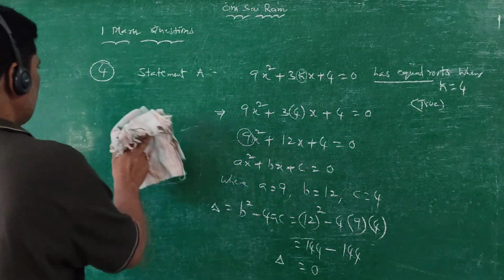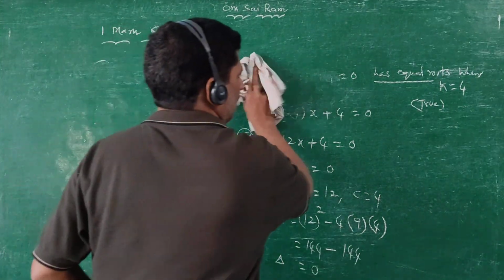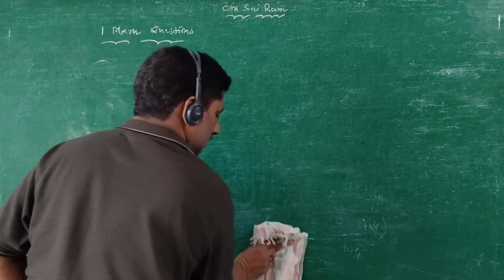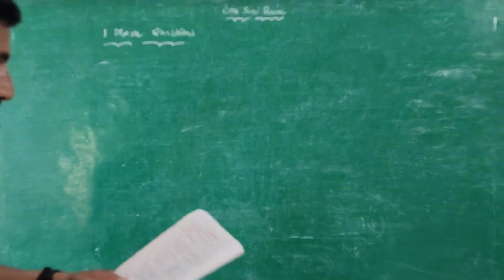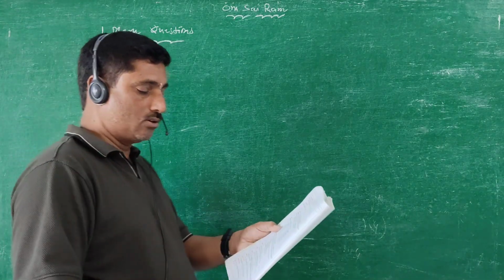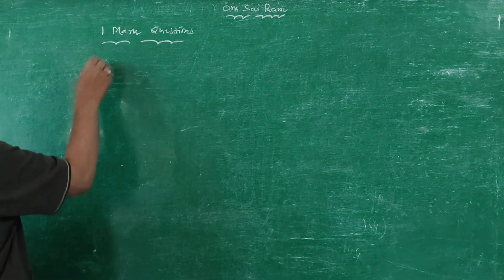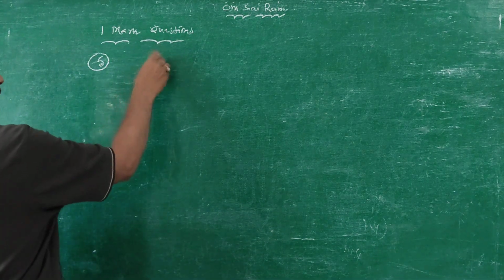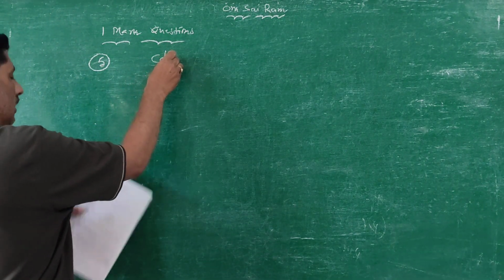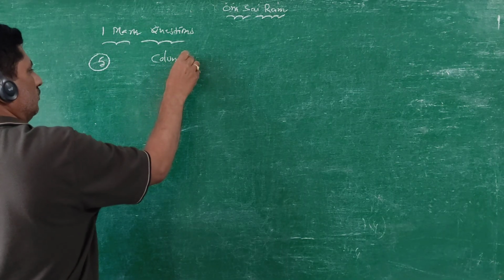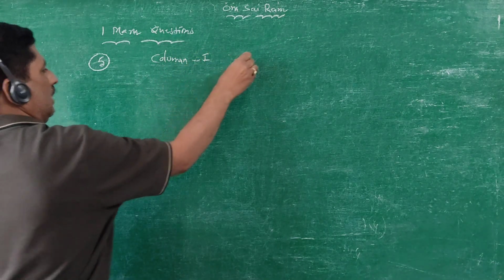Next, the fifth question. They gave a chart with some quadratic equations, and we have to say the nature of the roots. In column 1, in table form, they gave column 1 and column 2.